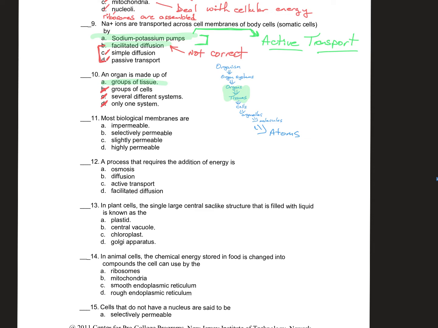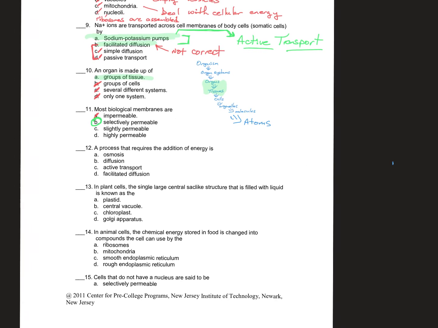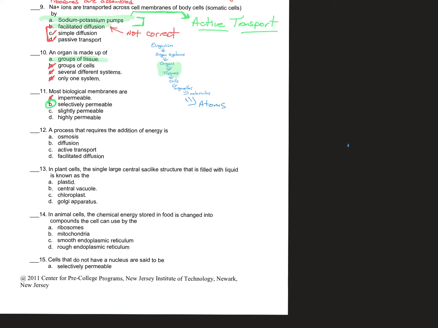Most biological membranes are impermeable, which means nothing goes through. That's not correct. The answer I gave you in class was selectively permeable. And in fact, if you go back and watch the video, or refer to your notes, we talked about the fact that the book uses something called semi-permeable.